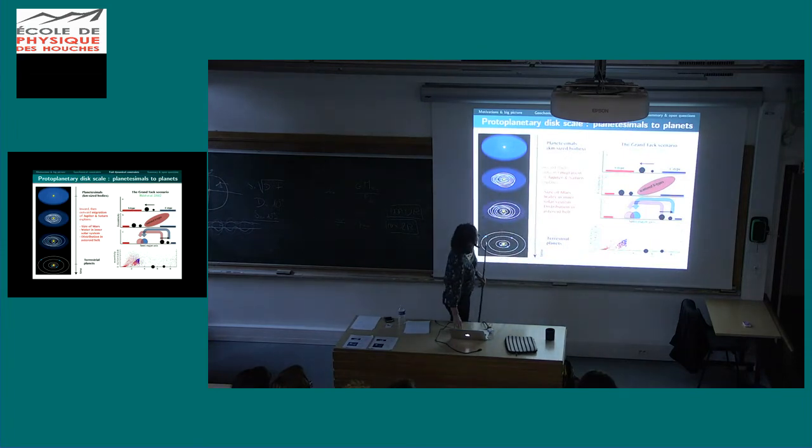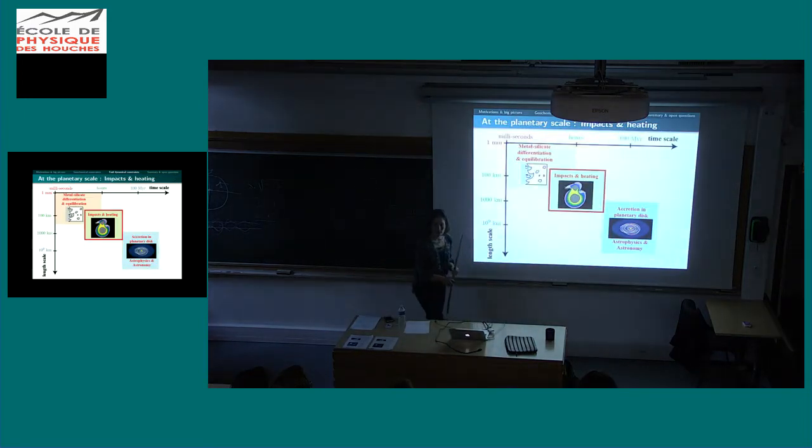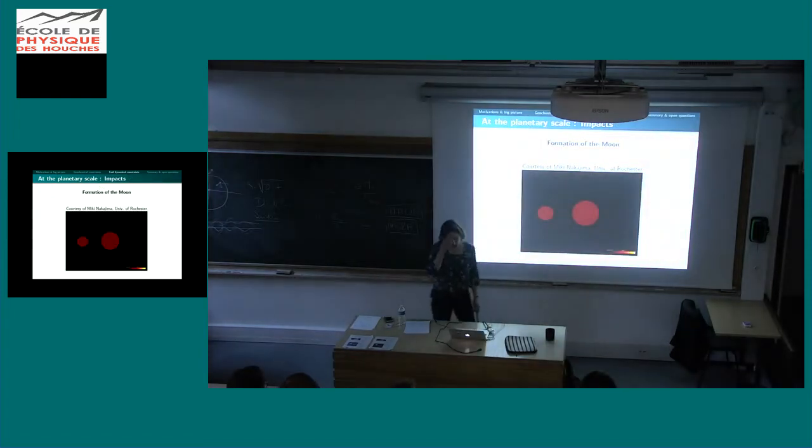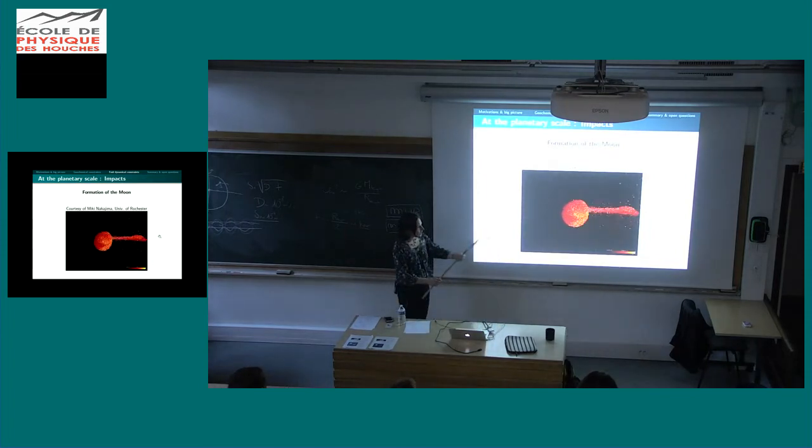Okay, so that's it for the accretion, so for the scale of the disk. So what about impacts now? As Philippe was saying, giant impacts are important, first of all, because we think they are the most accepted scenario for the formation of the moon. Here is an example of the moon-forming impact that was shown at the beginning. The timescale here is hours.